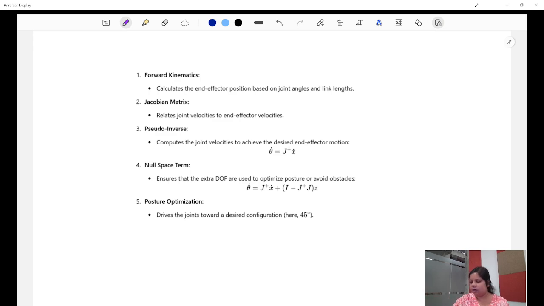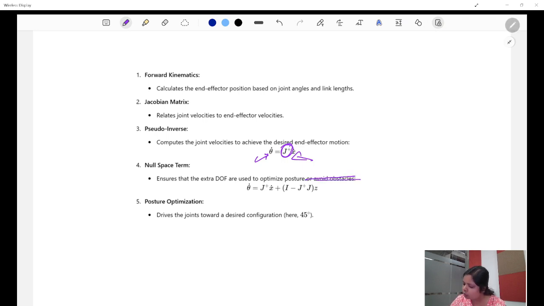So this J inverse, which is not an inverse, it is a pseudo inverse, will help us determine what joint velocity I need to get this end effector velocity. Then the other thing is we need a null space term. The null space term ensures that extra degrees of freedom are used to optimize posture, not avoid obstacles.